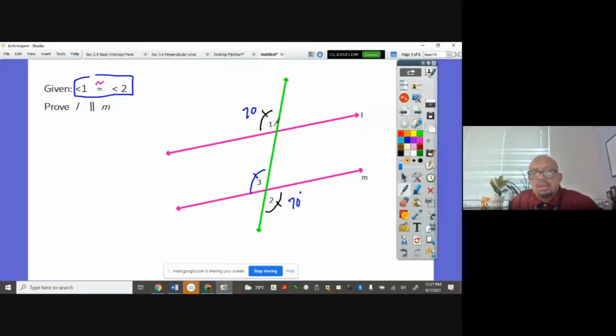But you know that 1 and 3 are corresponding, so therefore, angle 3 must have a 70 also. Now you have shown that 1 and 3 are congruent, so therefore, as a converse of corresponding angles, L and M are parallel. Does it make sense?